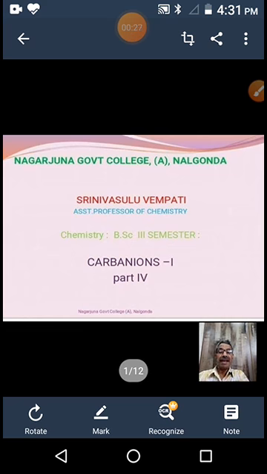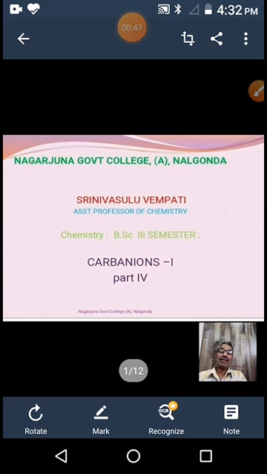In the previous classes, we have discussed what carbanions are, how they are generated, and what factors stabilize carbanions, with different examples.